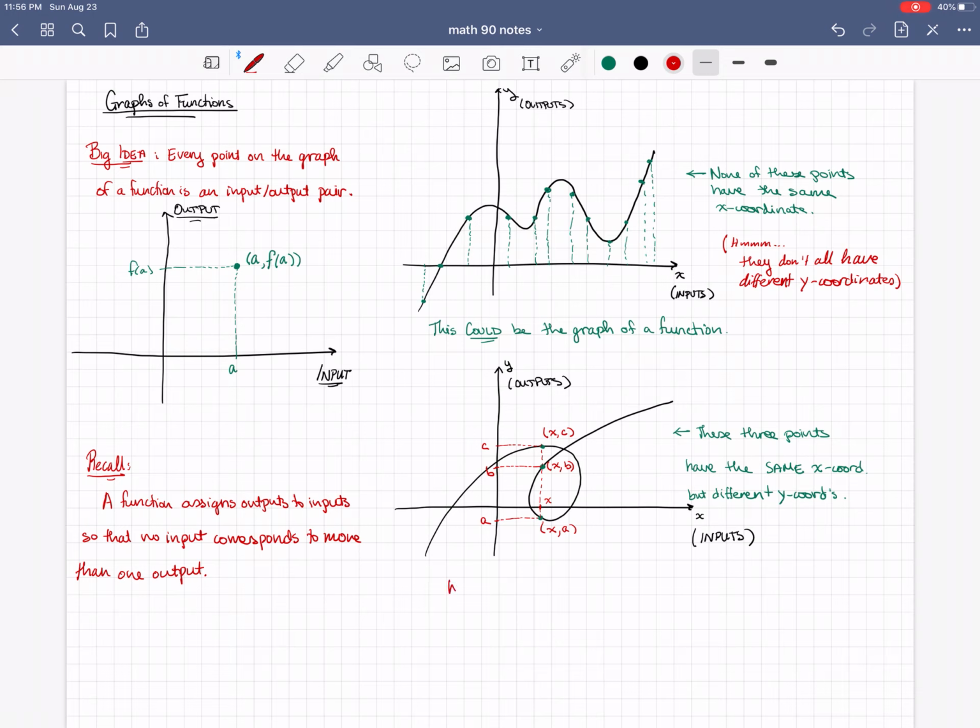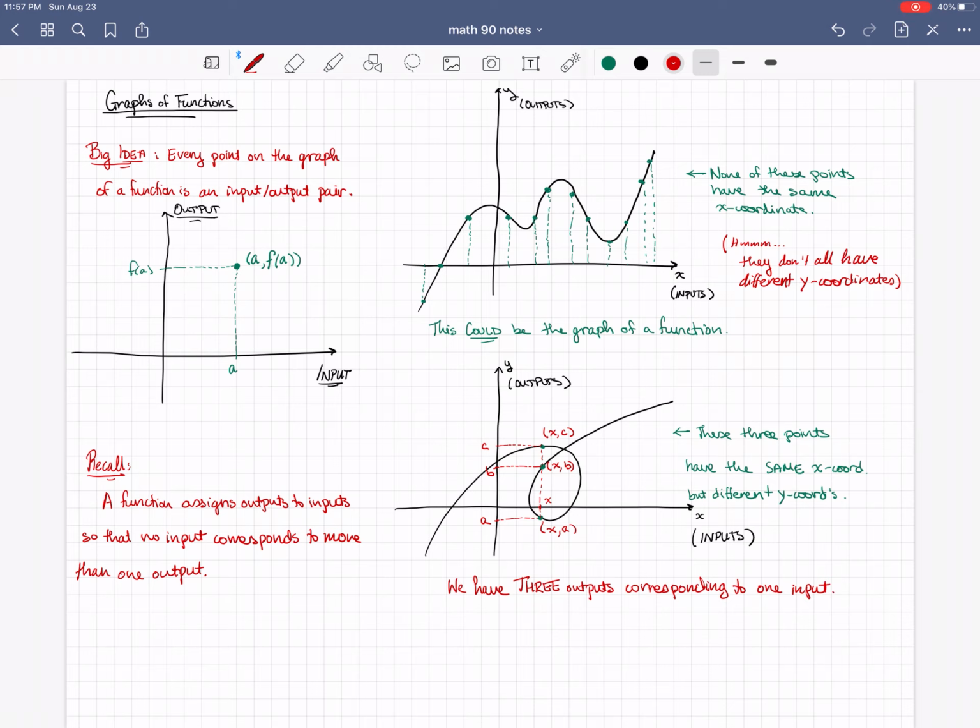So we have 3 outputs corresponding to one input.